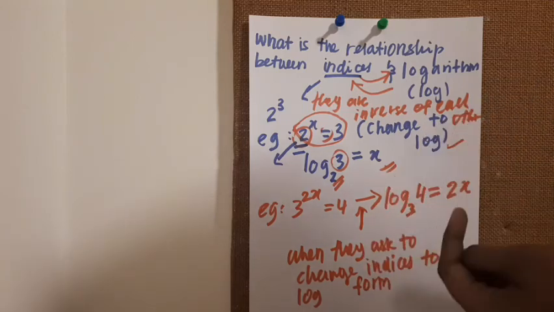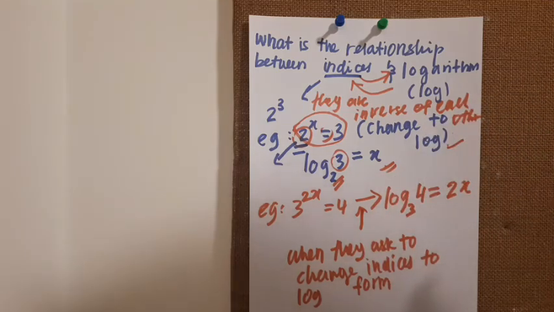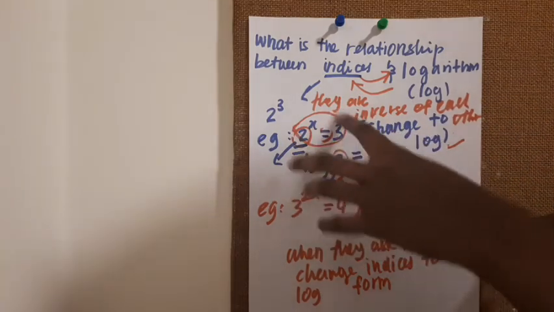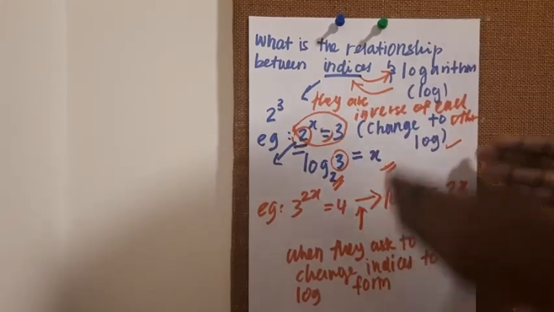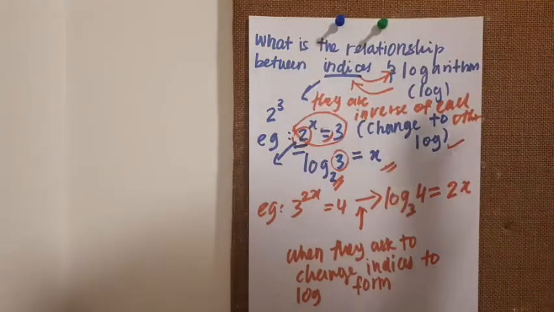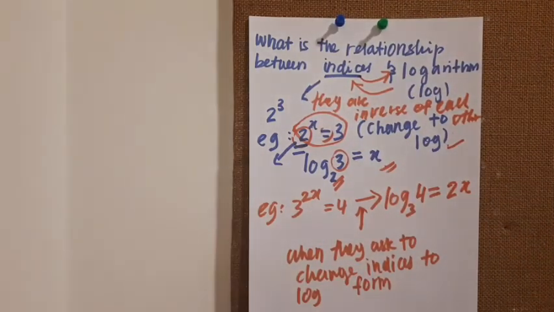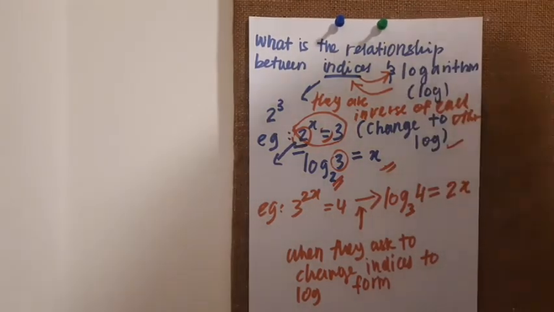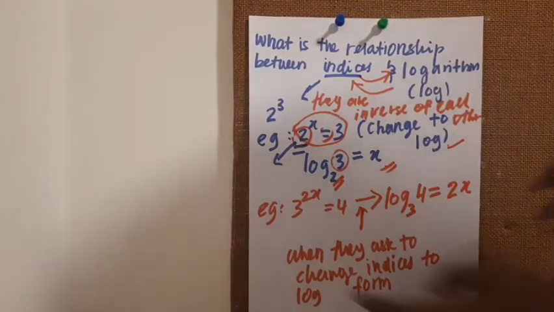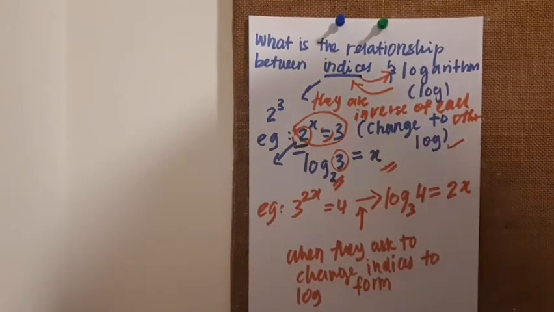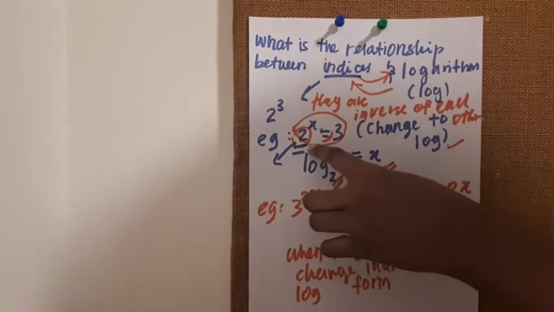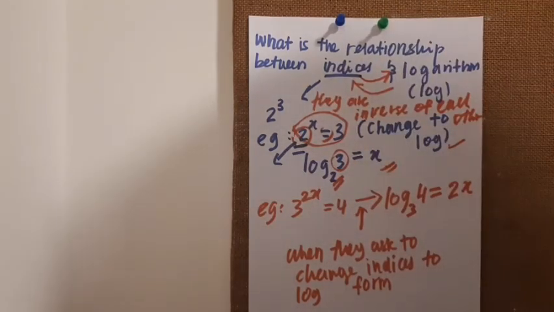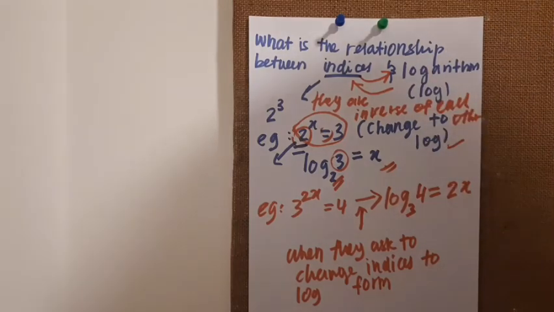That means they are always interchangeable. So indices is the reverse function of the log, and the log is the reverse function of indices. That's why you can always change a log to indices and indices to a log. You use this method only when they ask you to write the equation in log form. If they don't ask, you don't change it.